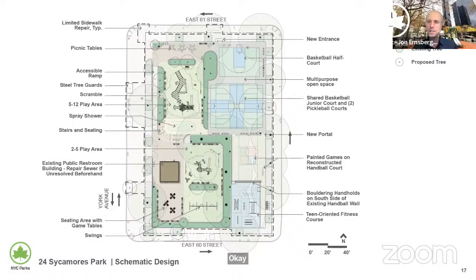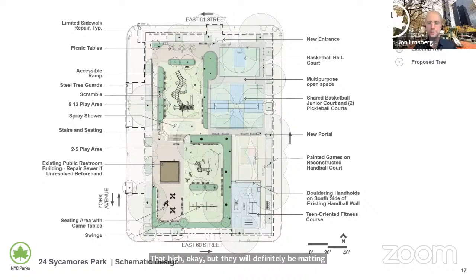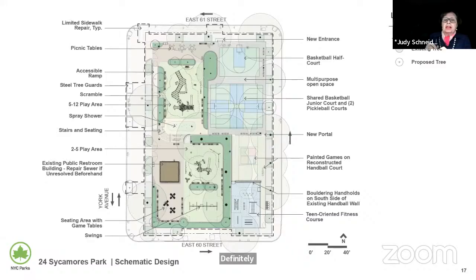I would like to study it a little bit more. The surfacing would probably be rated for 8 feet, but it's not to say that the handholds would go that high. Okay, but there will definitely be matting under that side. So should somebody slip off, they'd at least be falling on a rubber mat. Definitely.